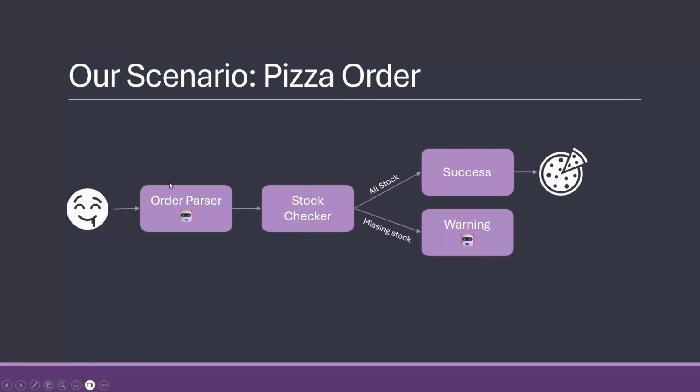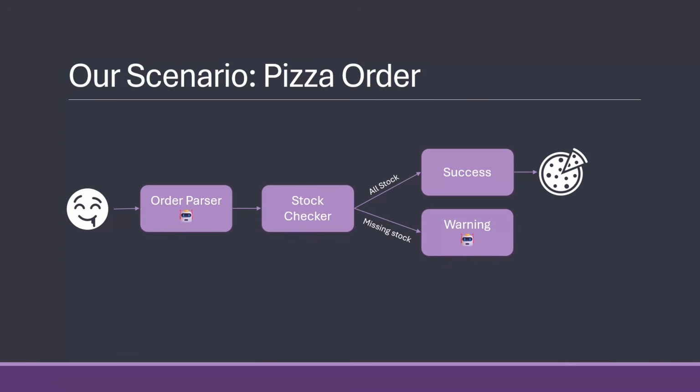Then we will pass that structure that the AI builds into a stock checker, which right now doesn't have any AI, but it could. It could also have tool calling to a real inventory management system.